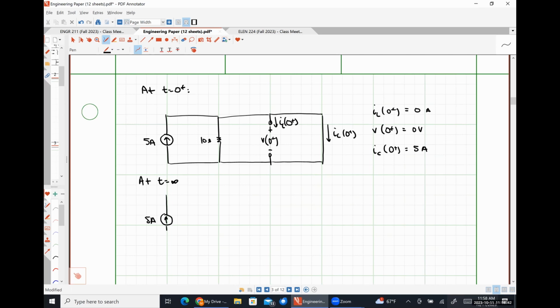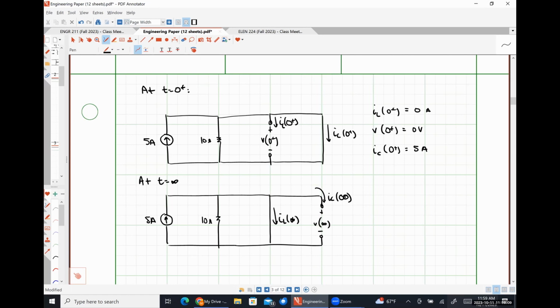We have our 5 amp source connected to our 10 ohm resistor. Now we're at DC steady state again, so our inductor is going to look like a short. Our capacitor is going to look like an open. IC at infinity, V at infinity, IL at infinity.